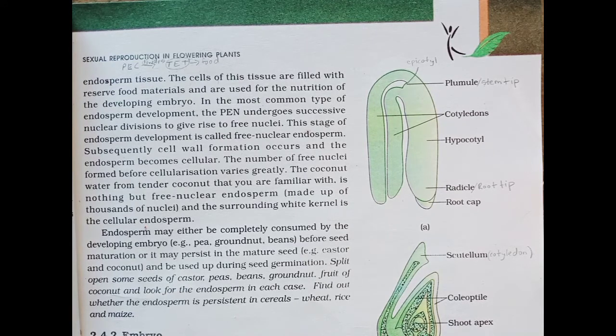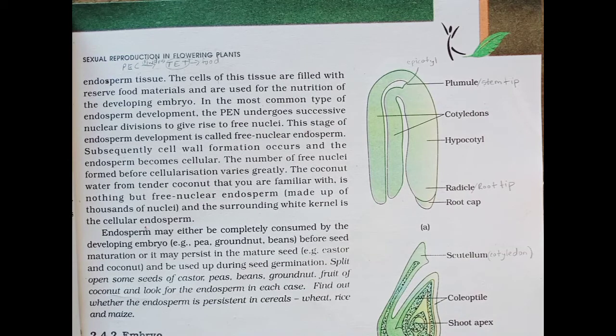An endosperm may either be completely consumed by the developing embryo for their nutrition. If the endosperm is consumed completely, examples we can give are the pea, the groundnut, and the beans. Or endosperm may persist even in the mature seed.